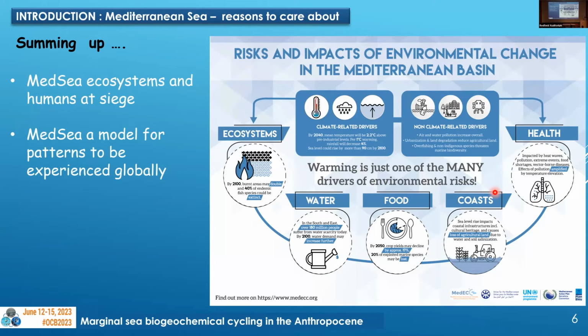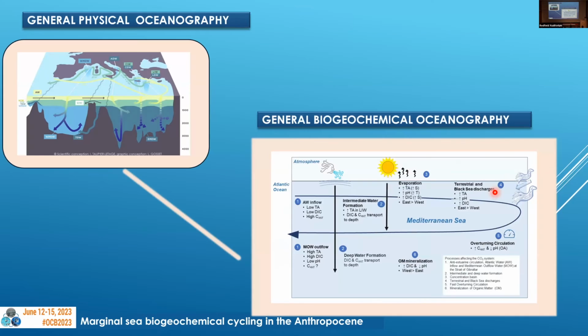So to sum up, the Mediterranean Sea ecosystems and humans can be considered under siege, and the Med Sea can be used as a model for patterns that will soon be experienced in the global ocean. So hopefully any mitigation or adaptation or conservation measures implemented here can be exported elsewhere as well.